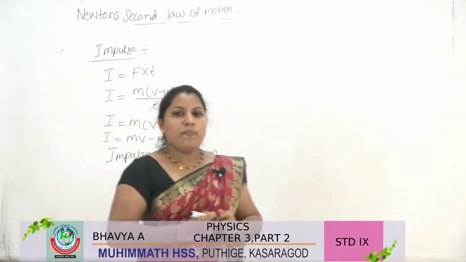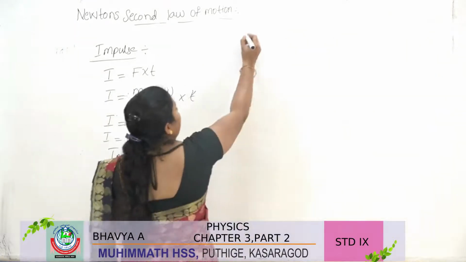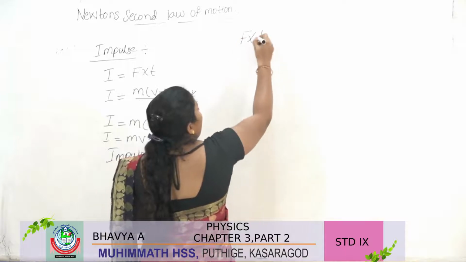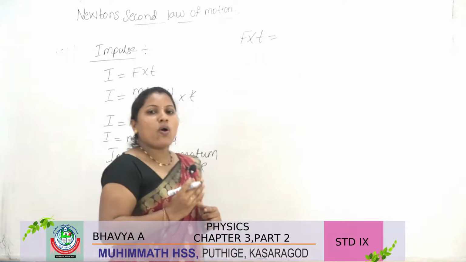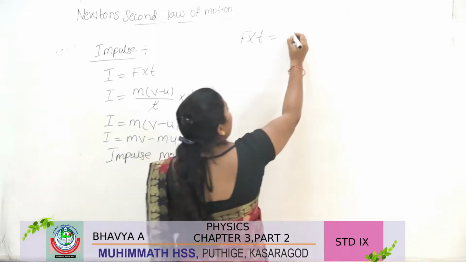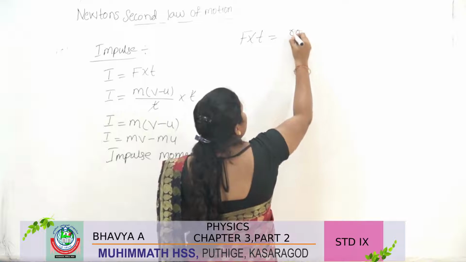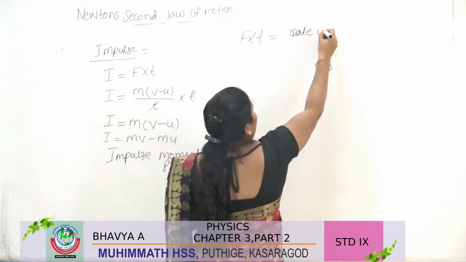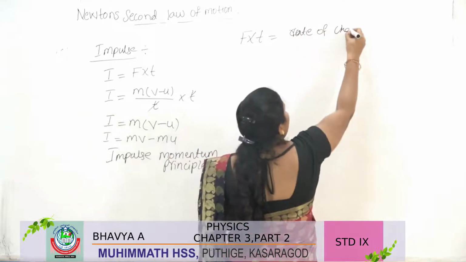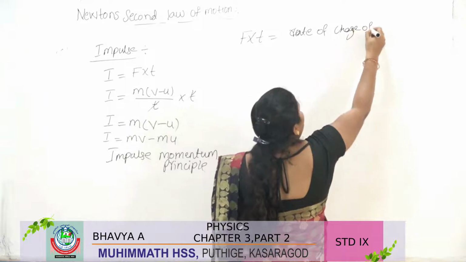So impulse means we can write F into T. F into T is a constant, equal to the change of momentum.